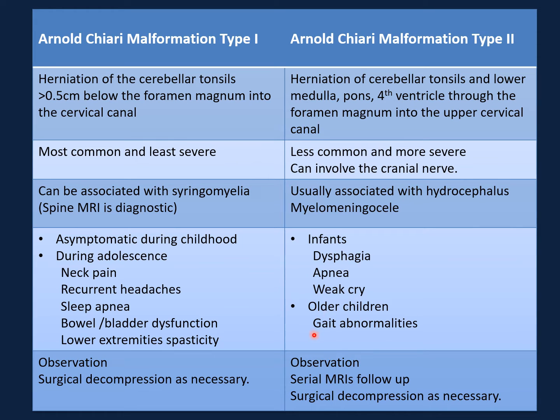Older children may present with gait abnormalities. Type 1 usually requires observation and follow-up, with surgical decompression if symptomatic or if necessary. Type 2 requires observation, serial MRI follow-up, and surgical decompression is required in most cases because of the complications.